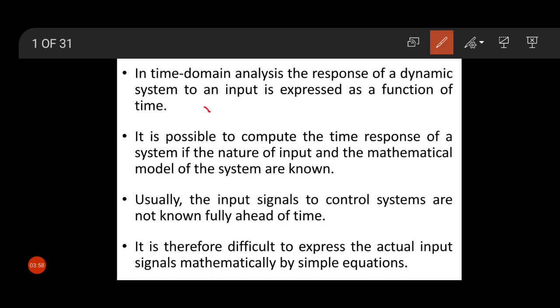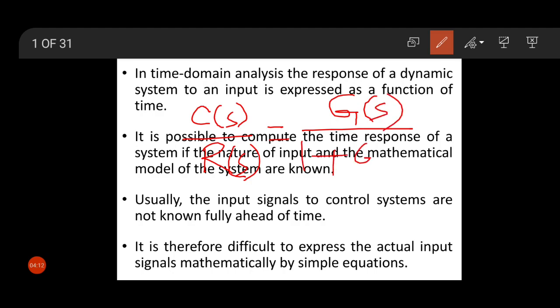The transfer function is C(s) by R(s) equal to G(s) divided by 1 plus G(s) H(s). This is the transfer function of a simple negative feedback closed loop control system.